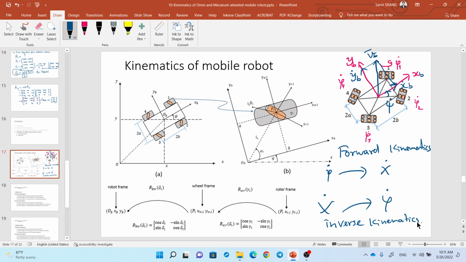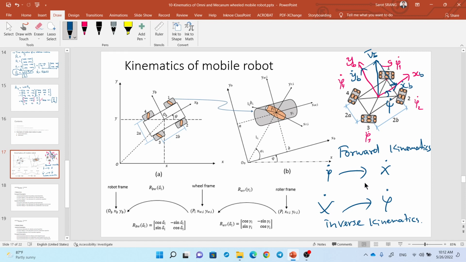Okay, so kinematics and inverse kinematics are useful to generate a trajectory for the robot, and then send the desired value, the command, to control the motor so that the motor can rotate properly, so that we can have the robot move along the path that we want. Okay.